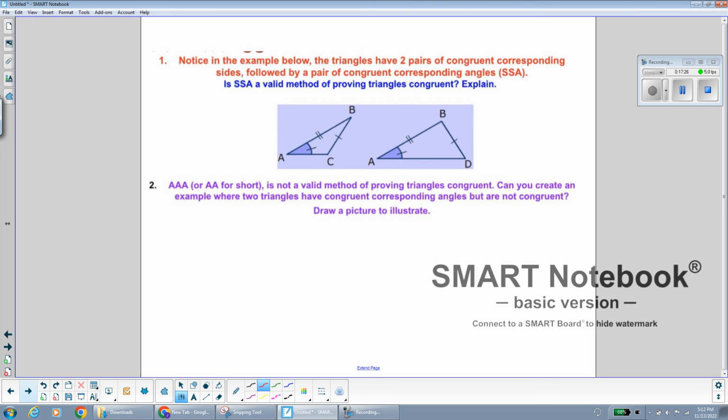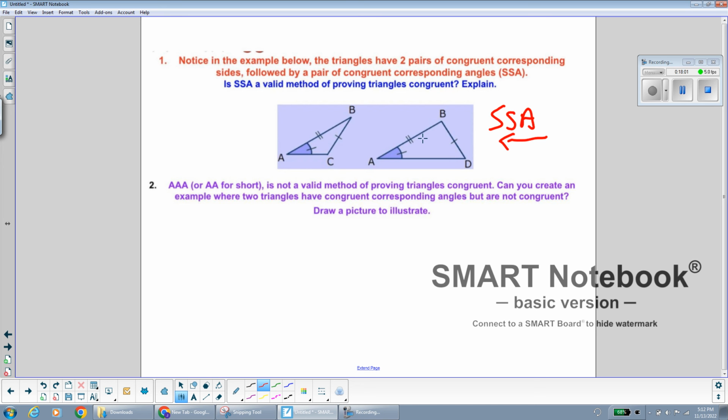So I want to also talk about two methods that do not prove triangles congruent. One is SSA. You might remember in class, your teacher might have said that if you write it down the other way, it's a word that you really don't want to be writing down on your geometry test. So here I have an example of why SSA is not a valid way of proving triangles congruent. Here I have two triangles that have SSA satisfied. Congruent side, followed by congruent side, followed by congruent angle. But notice these two triangles are not exactly the same.